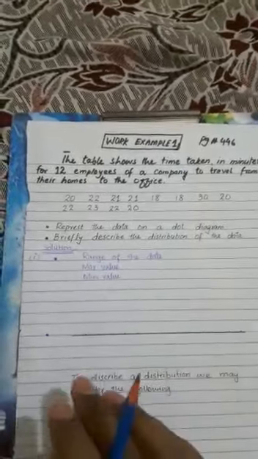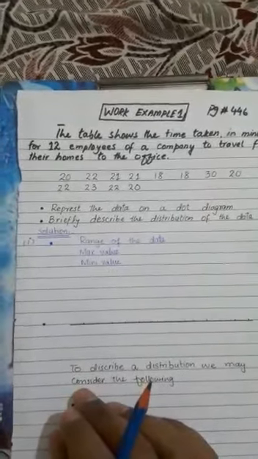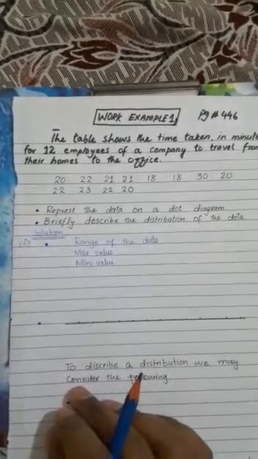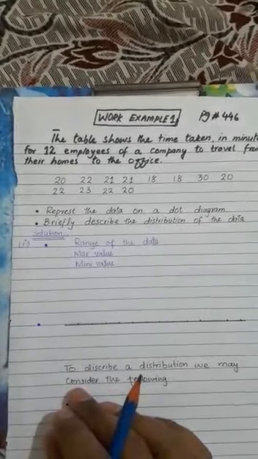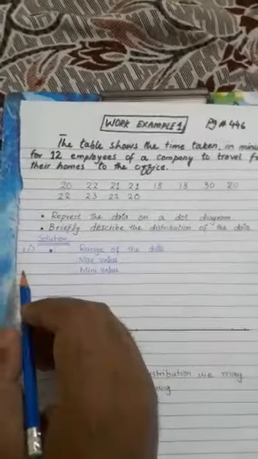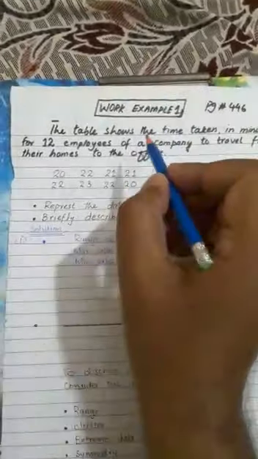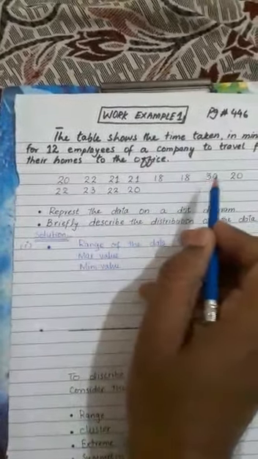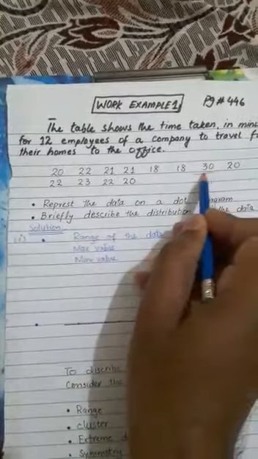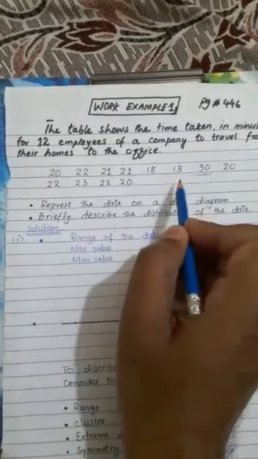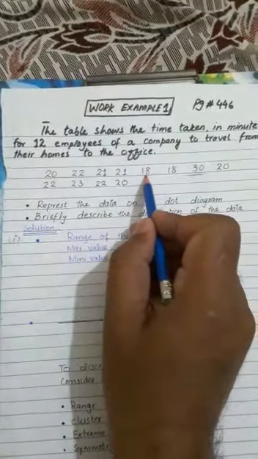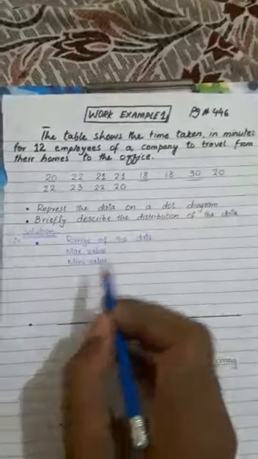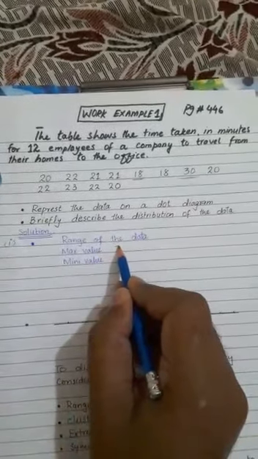First of all, we will find out the range of the data. The range means the maximum and the minimum value of the data. You can see the maximum value in this data is 30, and the minimum value in the data is 18.